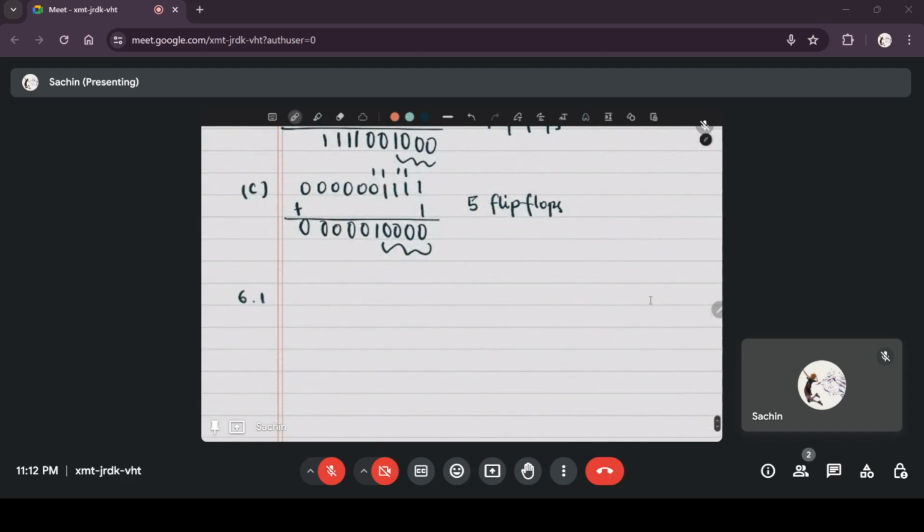Problem 6.15. A flip-flop has a 3 nanosecond delay from the time the clock edge occurs to the time the output is complemented. What is the maximum delay in a 10-bit binary ripple counter that uses these flip-flops? What is the maximum frequency at which the counter can operate reliably?